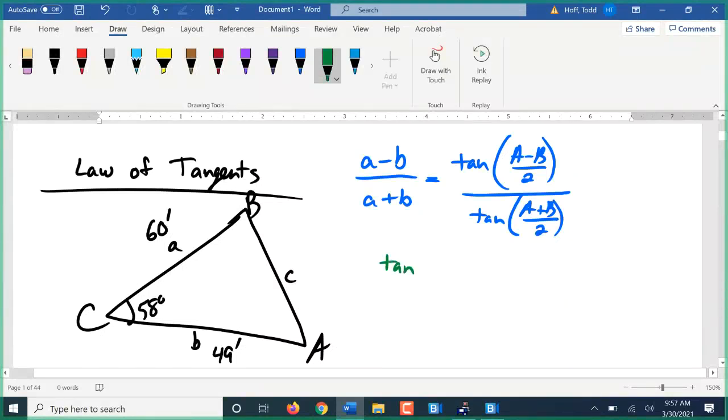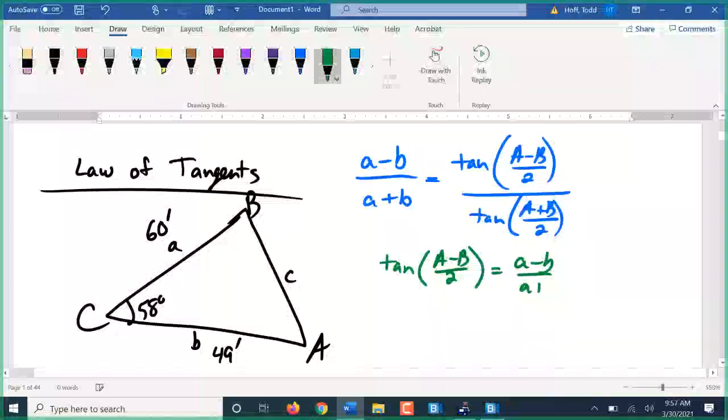The tangent of A minus B over 2 is equal to A minus B over A plus B times, now we're multiplying by this tangent of A plus B over 2.